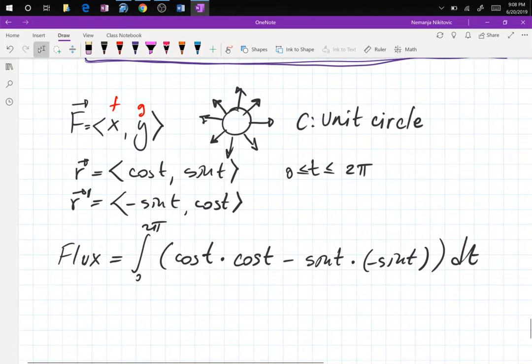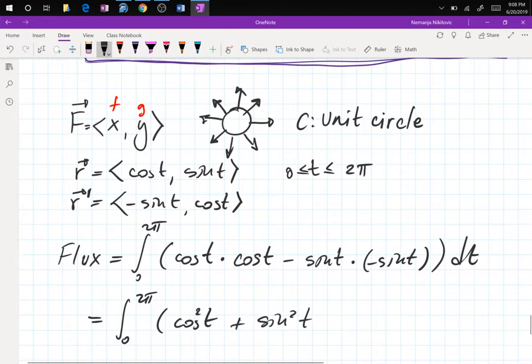So it shouldn't take long to see that this is just cosine squared T plus sine squared T, because you have negative sine times negative sine, dt, which is the integral of 1 dt, which is 2 pi. Now, if you calculate the rotational field for flux, it's going to return a 0, because rotational field spins.